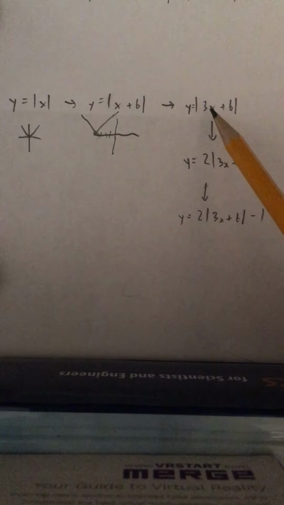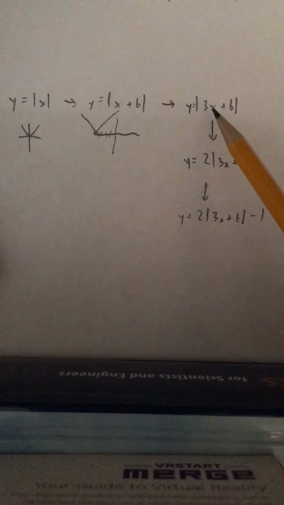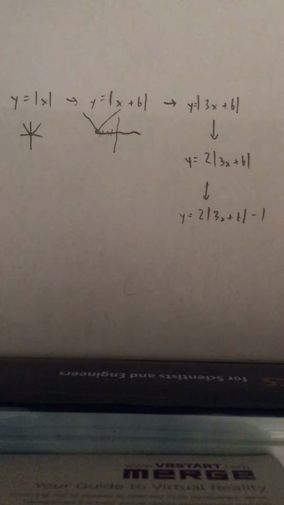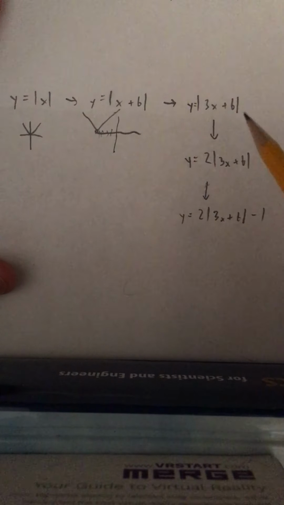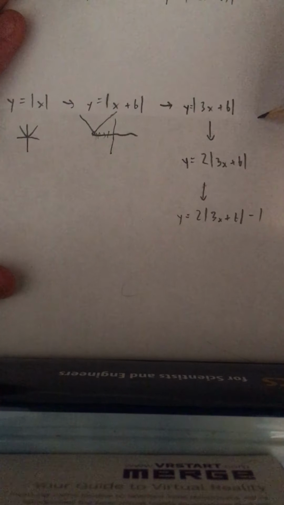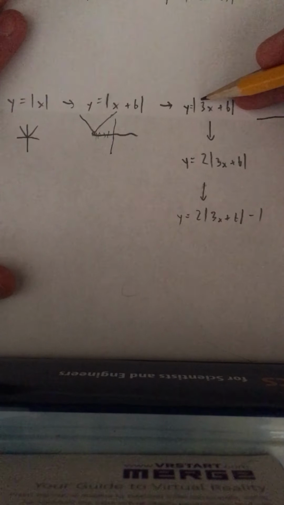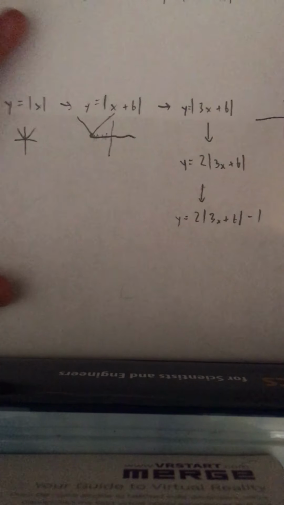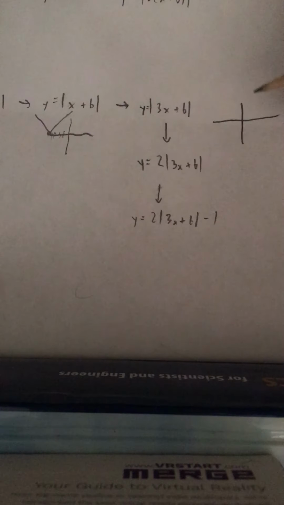Now, going from here to here, I replace x with 3 times x. Remember, that is going to be a, what's the word? A horizontal shrink by a factor of 1/3. So in other words, it may be a little hard to graph here, but put it over here.